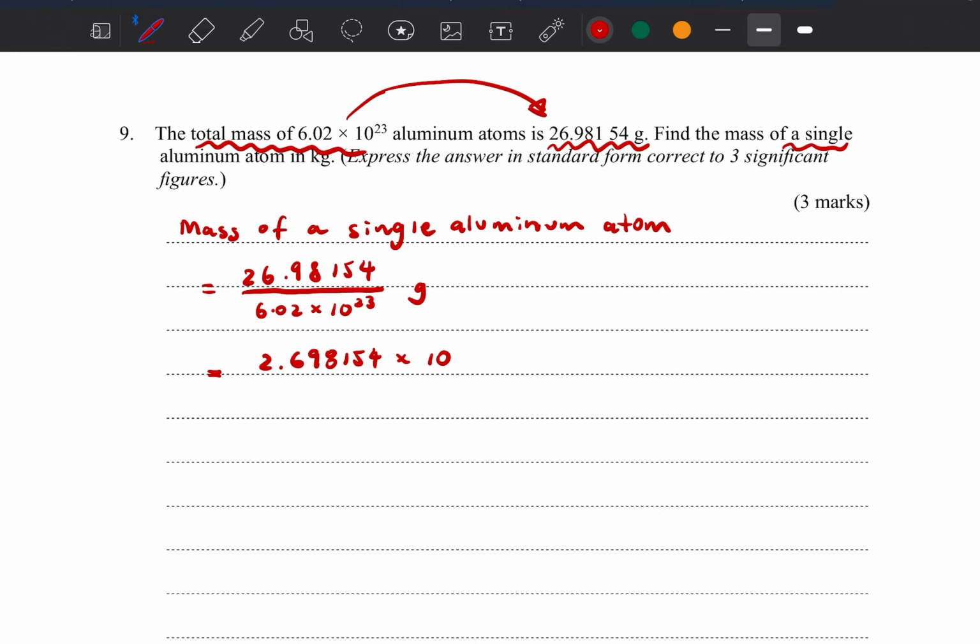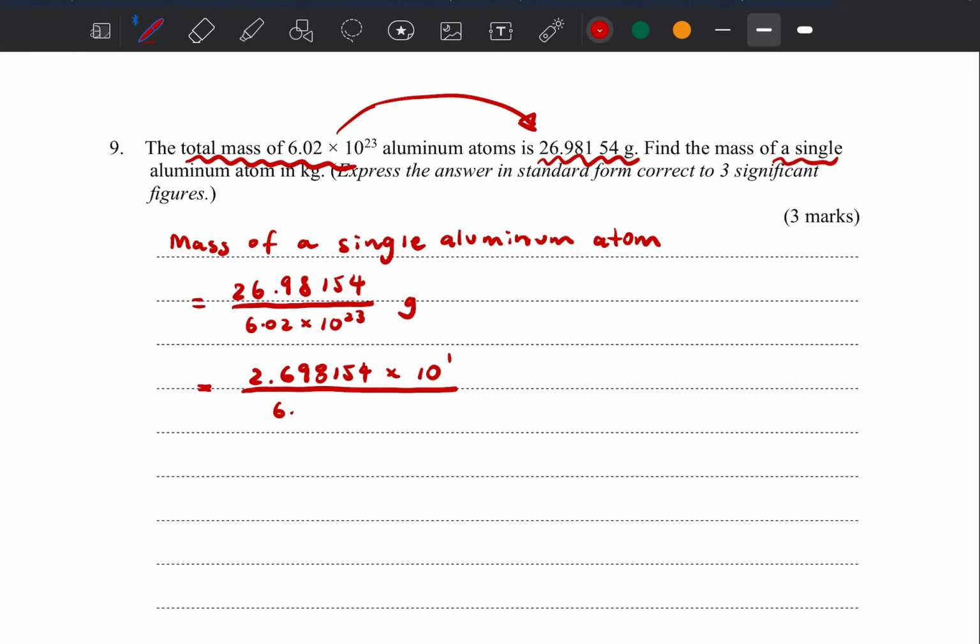So I'm changing this 26 point something to 2.6. I'm making the number smaller, so the index of the 10 will be greater. Then here I got the 6, and that is in grams, because later on it wants you to change it to kg. So now I want to keep everything as grams first.